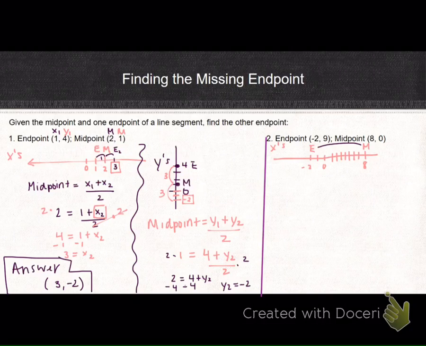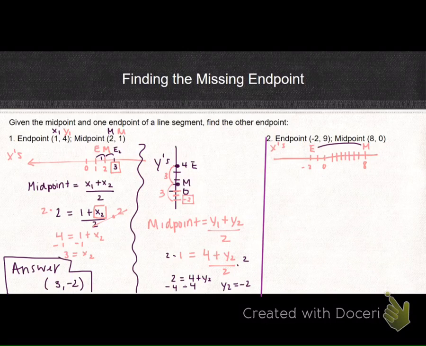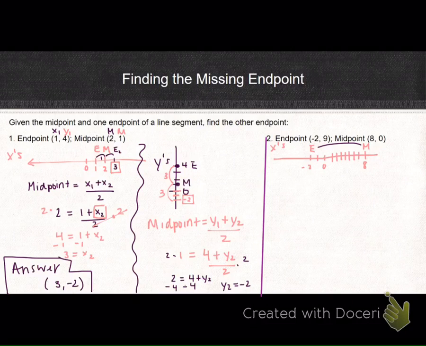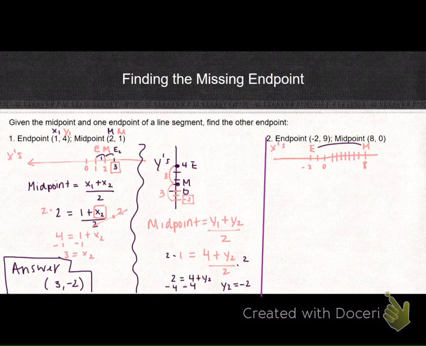Cameron, how many spaces is that from the endpoint to the midpoint of the x's? Be careful. You go 2 here, then another 8, which is 1, 2, 3, 4, 5, 6, 7, 8, 9, 10.